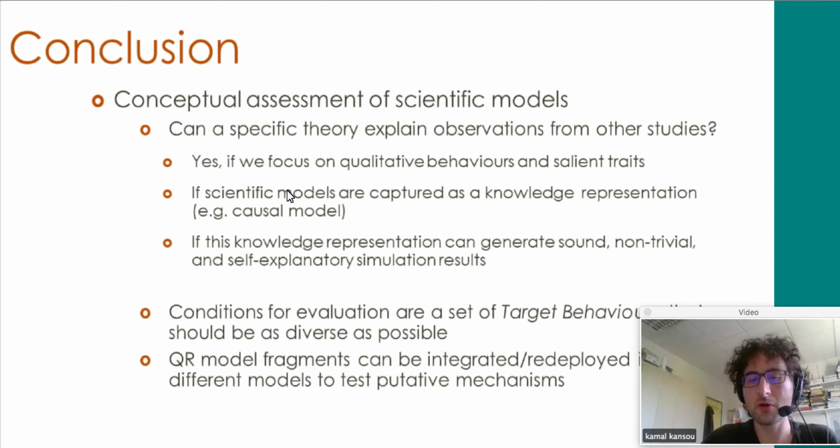But first of all, we suggest to start with a qualitative approach. Also, we can answer yes if scientific models are captured as knowledge representation, for example, causal model, because this way we can assess the model structure and not the mathematical formulation of the model, which is a little bit different.